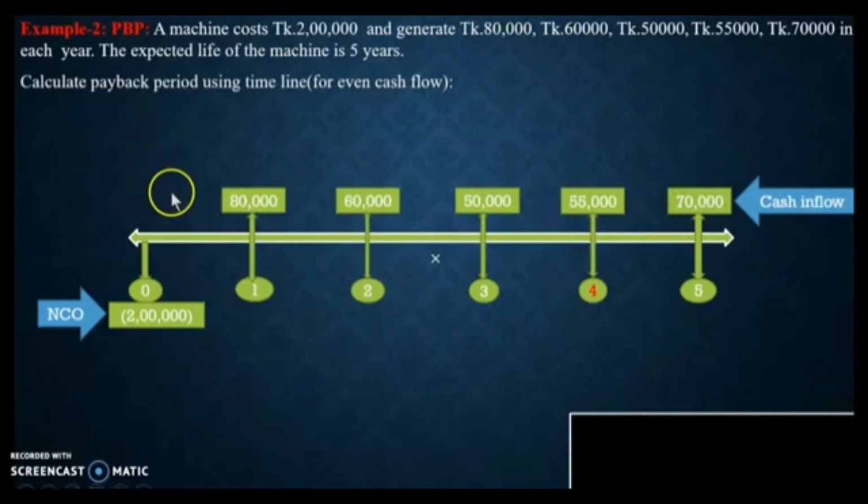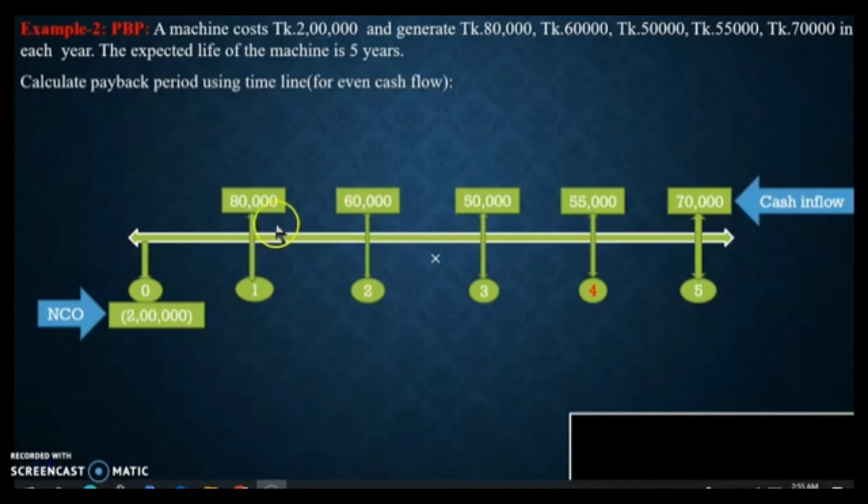Dear students, look at the timeline. Here cash inflows are not equal. They are variable cash inflows. That means this is an uneven cash flows timeline. Now we accumulate all cash inflows to recover our initial investment.